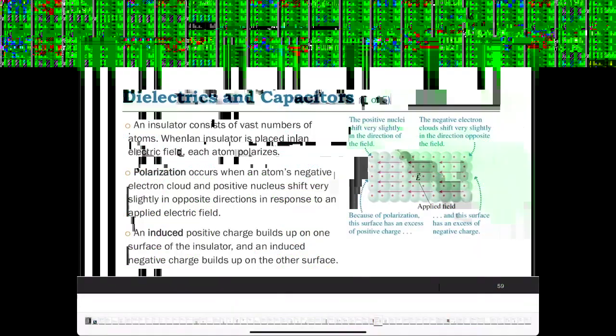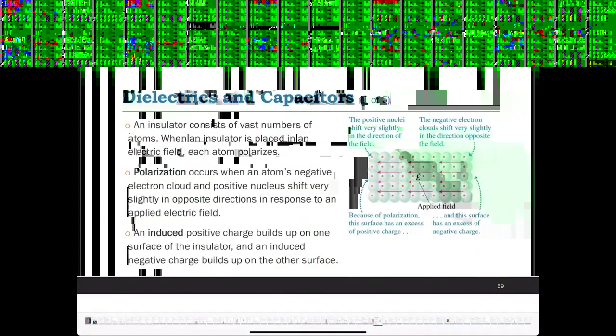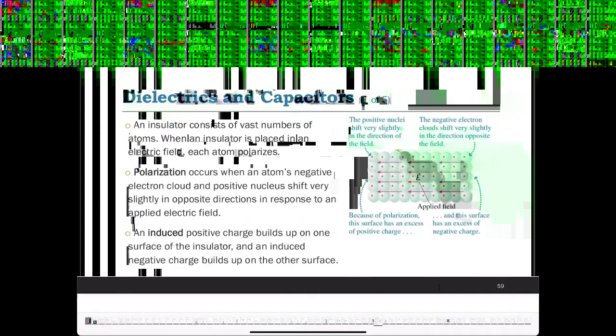An isolator consists of vast numbers of atoms. When an isolator is placed in an electric field, each atom polarizes.